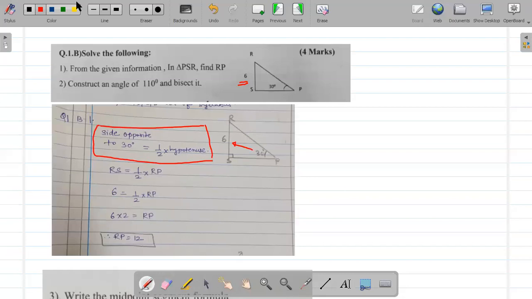Next question is to construct an angle of 110 degrees and bisect it. So for this, I'll quickly share another site.